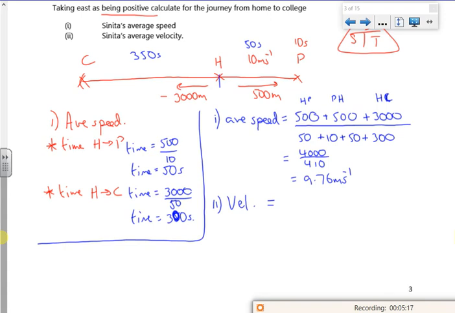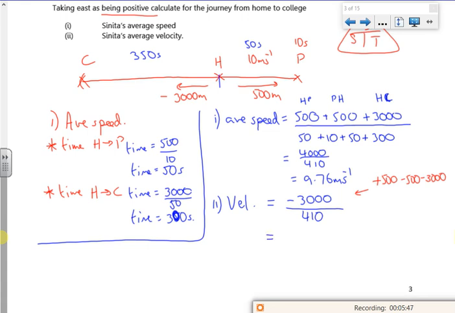I'm just looking at that physical distance from the house to college, and it's minus 3,000. So I could have looked at it as a plus 500, then a minus 500, then a minus 3,000, taking the positive as going from the house to the post box. And that's divided by my total time, my 410 seconds there.